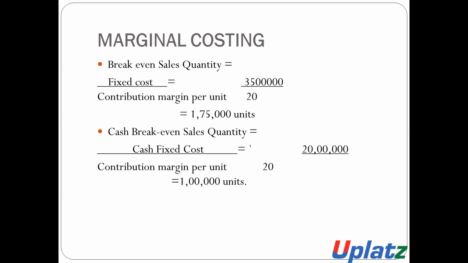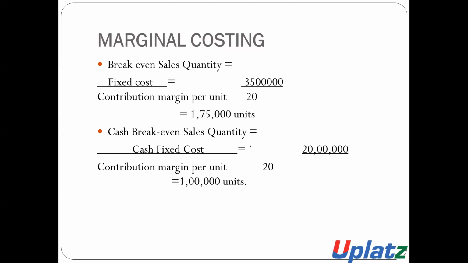Now, there is another point, the cash break even sale quantity. It is cash fixed cost divided by contribution per unit. The total fixed cost includes 15 lakh rupees as depreciation, which is non-cash.